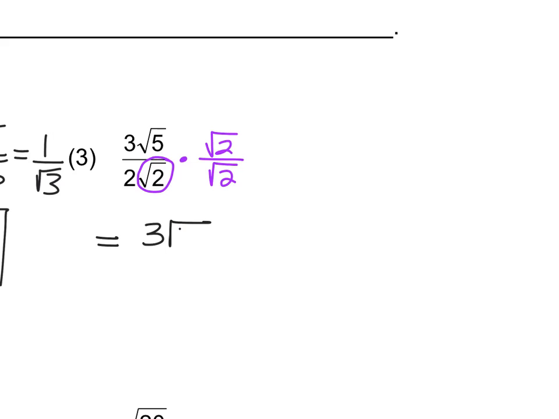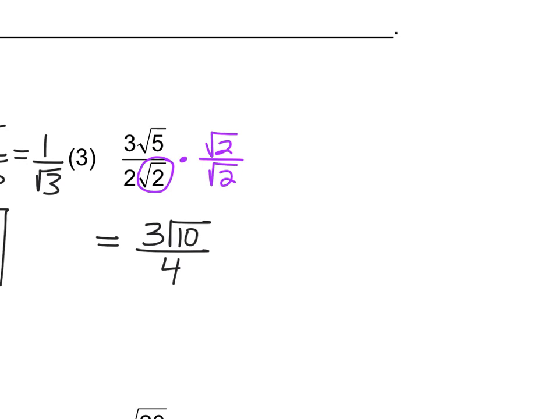So 3 rad 10, because the 5 times the 2, right? Because they're both radicals, so you can multiply them. And then it would be all over what? 4, right? So 2. Because the rad 2 times the rad 2 is 2, but the 2 that was already there. Yes.